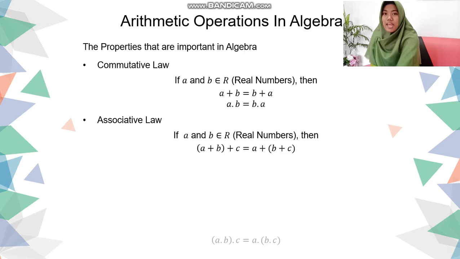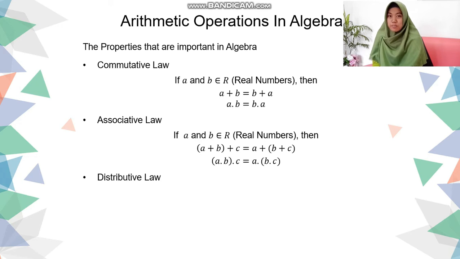If A and B are the elements of real numbers, then (A plus B) plus C equals A plus (B plus C). (A times B) times C is equal to A times (B times C).